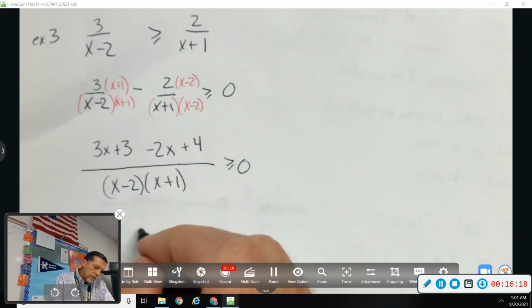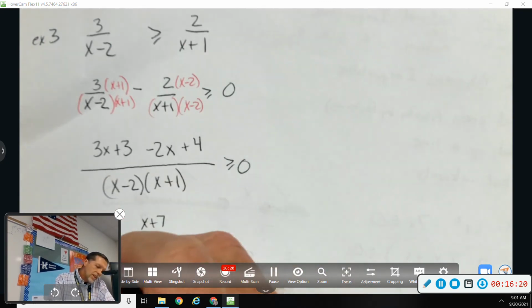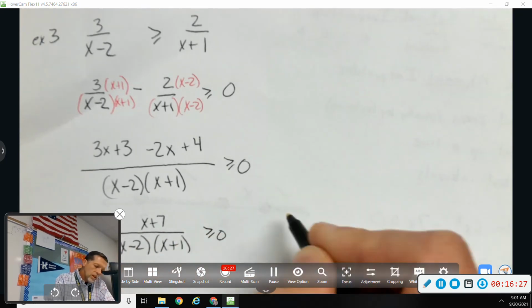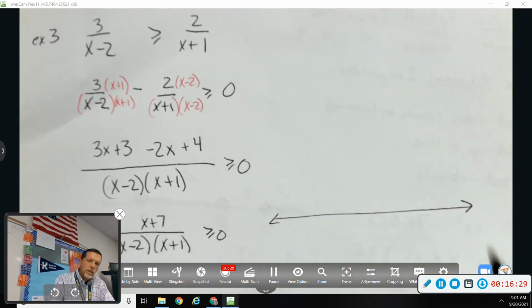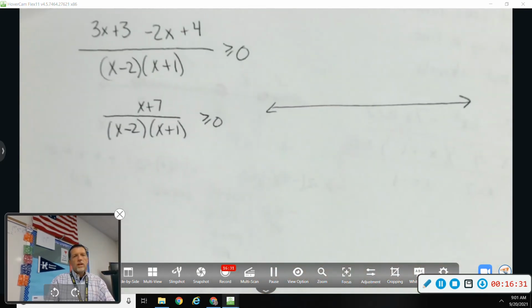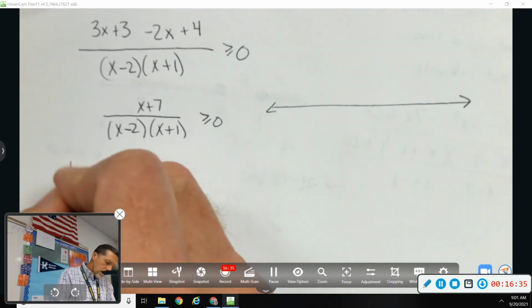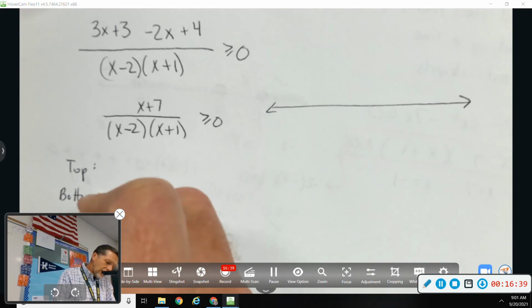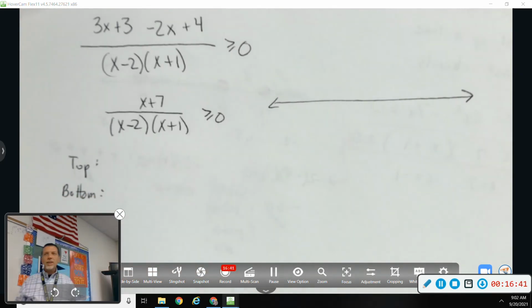So let's see, that would be x plus 7 over x minus 2 times x plus 1. I guess you could do this without writing them out, but I think it's helpful to write them out because it helps you get the open circle, closed circle thing right.